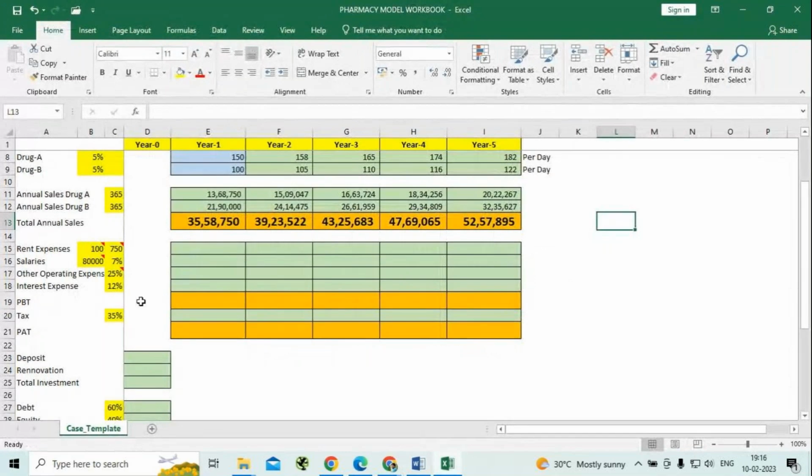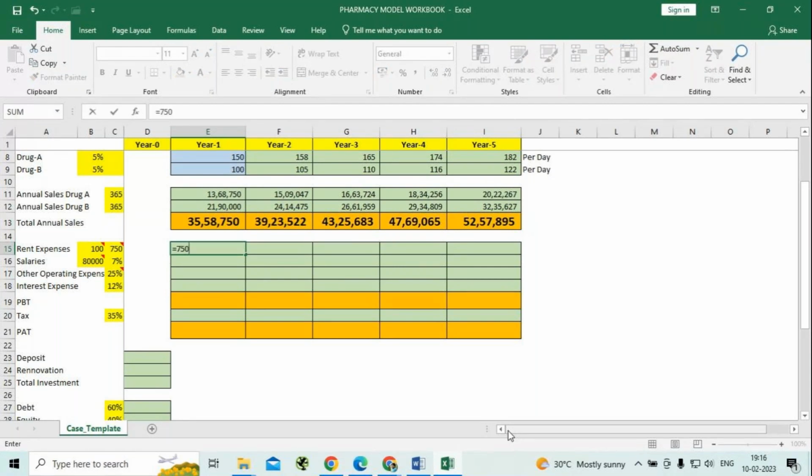Okay. So now the rental expenses we are going to bear every month, year wise, is equal to 750 square feet into 100 rupees per month.